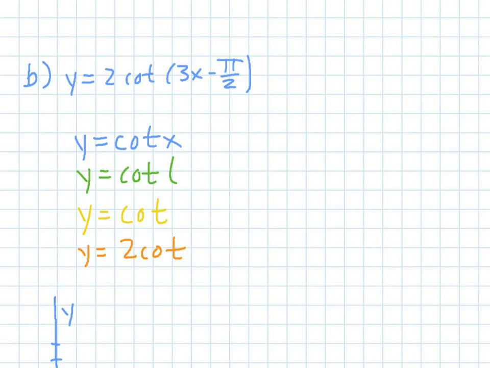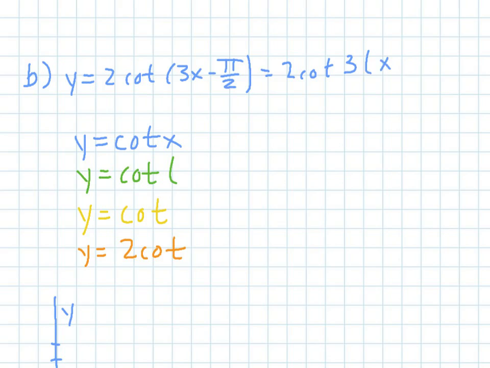Now sometimes, and I think we talked about this in the sine and cosine ones, if your k value is inside, you have to factor it out before you can figure out what your real phase shift is. So if I take out the 3, then that's like dividing.